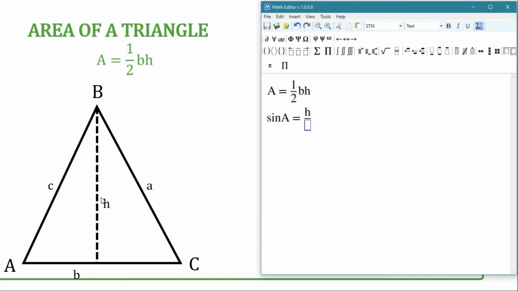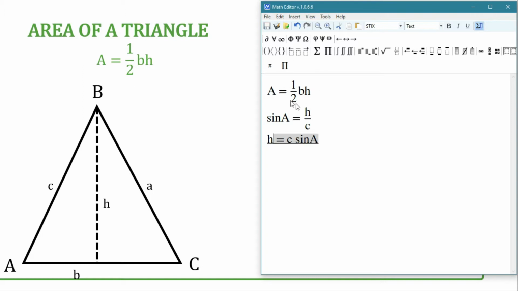With respect to angle A, our hypotenuse would be side C. So we multiply both sides by C para makuha natin yung value ni h in terms of the sine of A and C. So that's going to be h equals C times sine A.